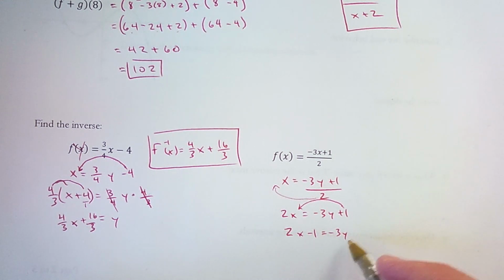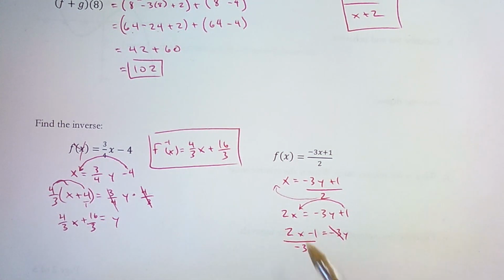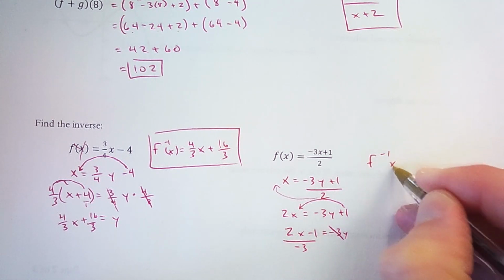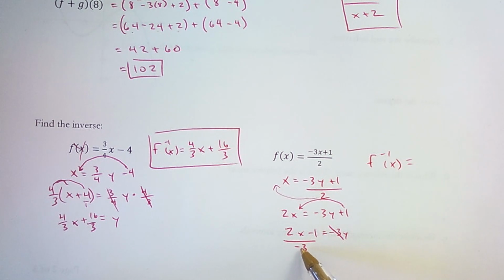And then I will divide both sides by negative 3. So when I divide here by negative 3, this cancels. So I've got y equals 2x minus 1 over negative 3. So I'm going to write in inverse notation f inverse of x. And I don't want to keep this negative in the denominator. I don't like leaving negatives there, so I'm going to move that negative to the front.